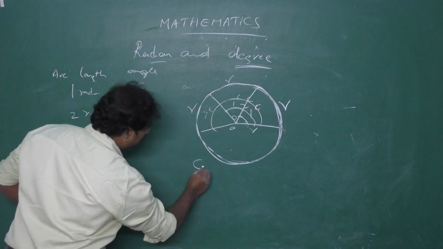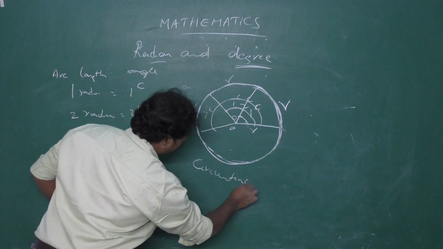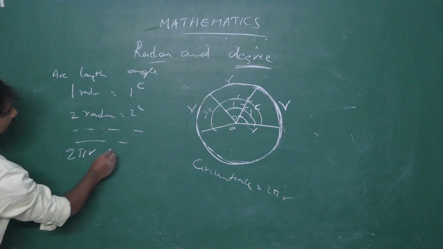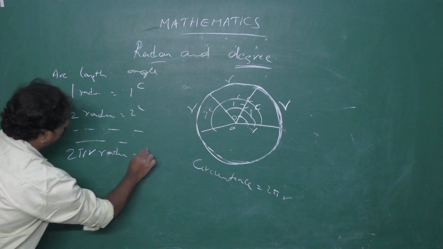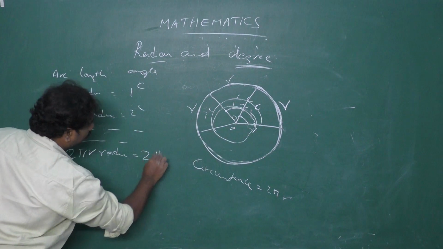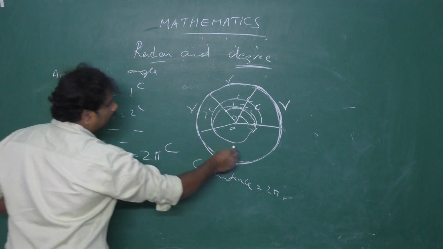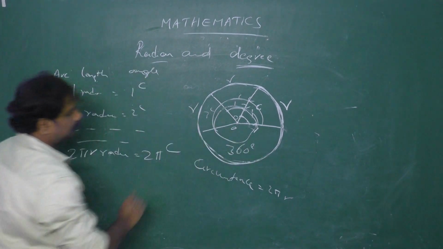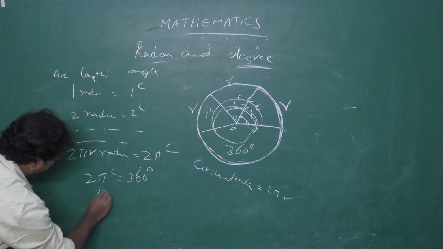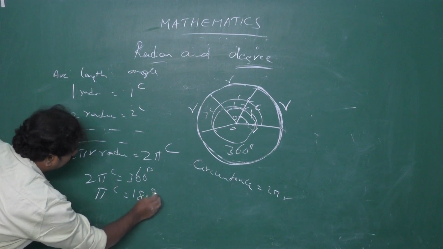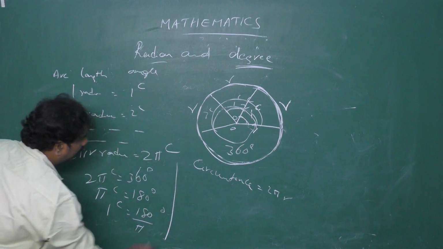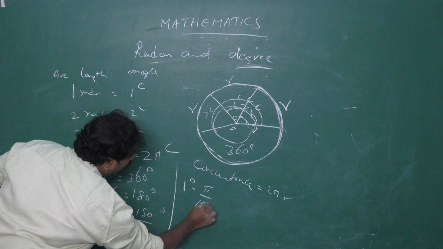This is the circumference of the circle, which is 2 pi r, that is 2 pi radii, so the total angle is 2 pi radians. But we know this is 360 degrees. That means 2 pi radians is equal to 360 degrees. Pi radians is equal to 180 degrees. 1 radian is equal to 180 by pi degrees. The same way, 1 degree is equal to pi by 180 radians.